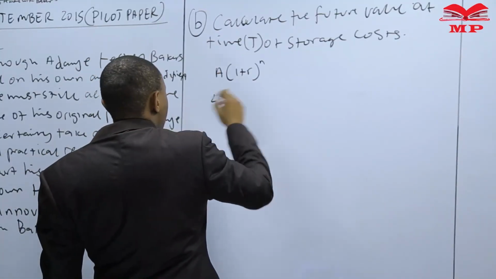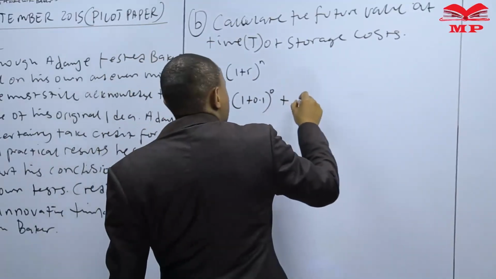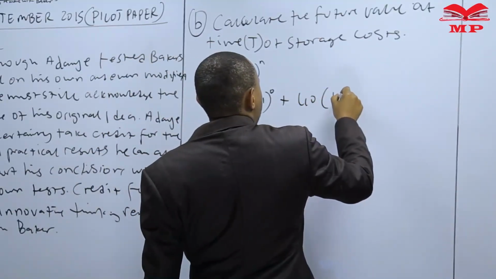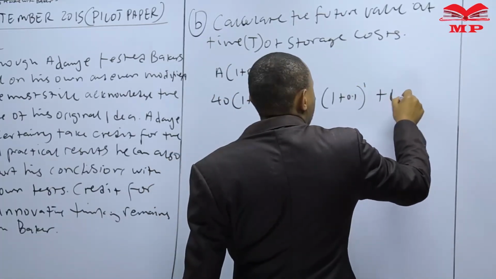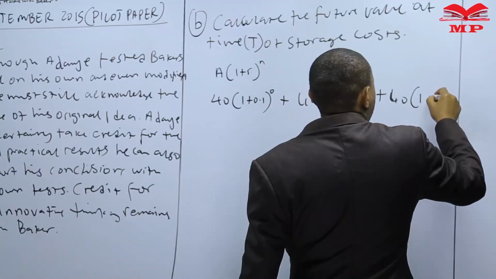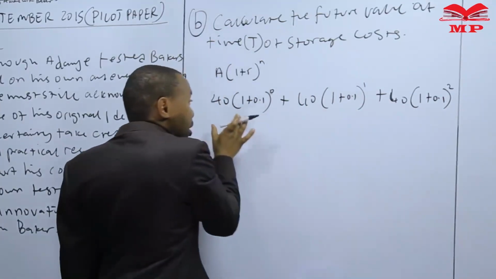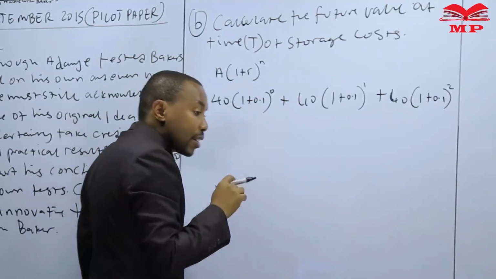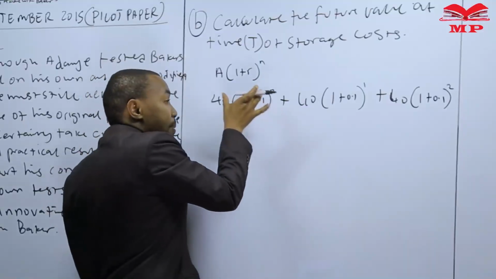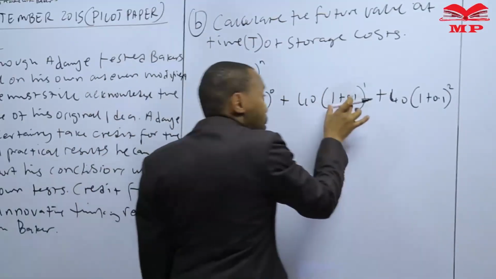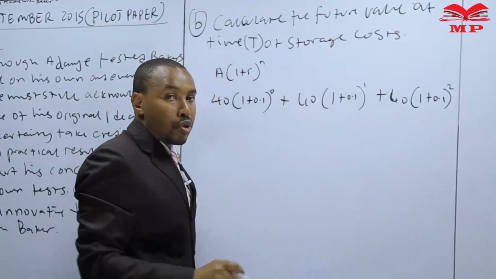This is A, which represents the storage cost: 40 into 1 plus 0.1 power 0, plus 40 into 1 plus 0.1 power 1, plus 40 into 1 plus 0.1 power 2. This is for 3 months because the storage costs begin from day 0, from right now. For example, 3 months moving forward, we conclude the storage costs from today to month 1 and to month 2. So this is a 3-month storage cost computation.